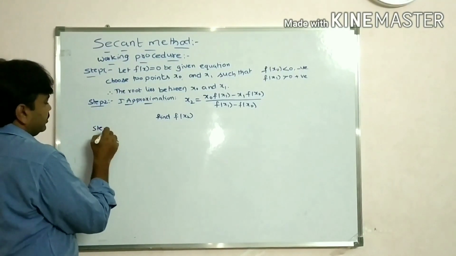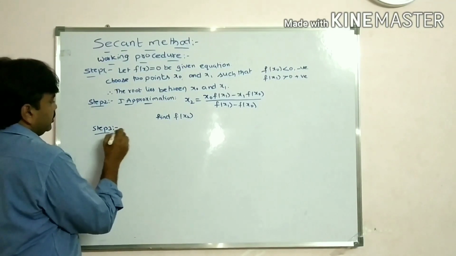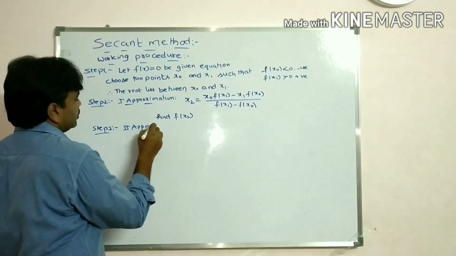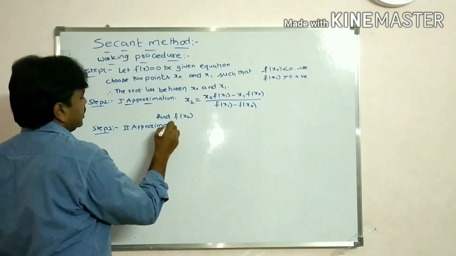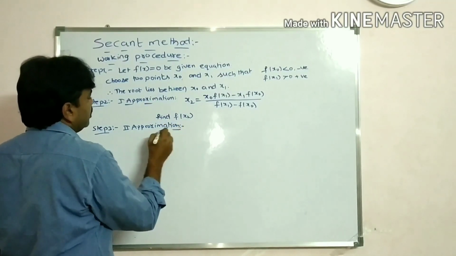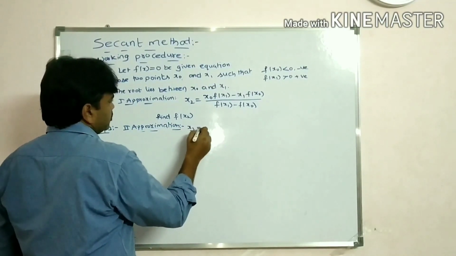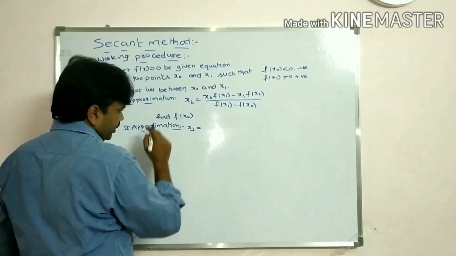Step 3. You go to the second approximation, students. What is second approximation? Say it is x3, because we are using x2 here.